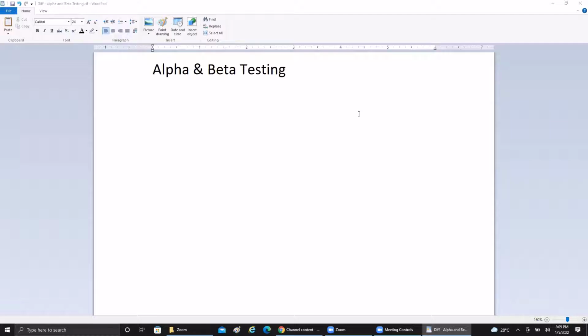So today we'll see what is alpha and beta testing and the differences between them. If you take both alpha and beta testing, both are kind of user acceptance testing, done for any software application testing or software product testing.